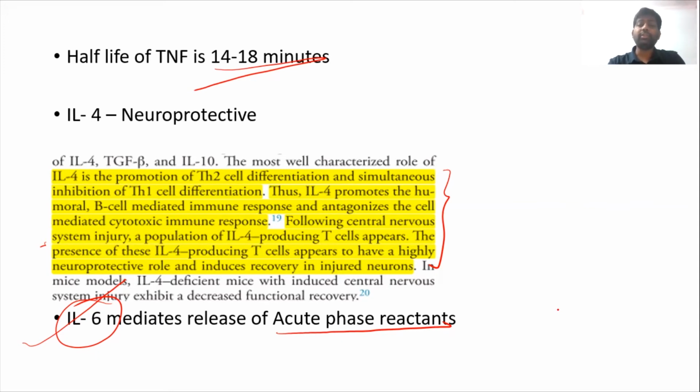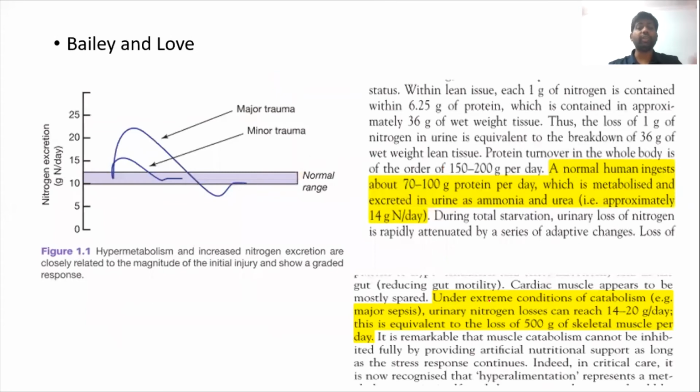There are a few other high yielding topics that are going to be asked. This is a very important topic from Bailey and Love. The first figure from the first chapter of Bailey and Love clearly mentions the importance of nitrogen excretion. So this graph on nitrogen excretion is very important, because it is a very reliable marker of trauma.